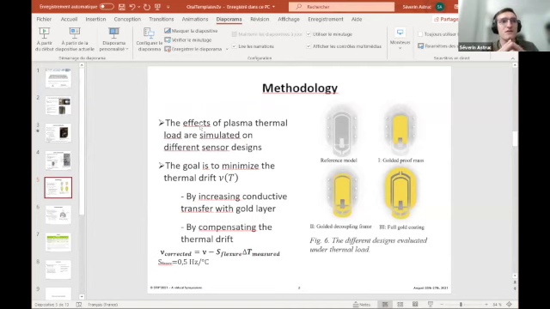By increasing the conductive transfer with a gold layer, because currently the reference model is only in quartz, which has very low conductive transfer, and using the knowledge of the temperature, we can compensate the thermal drift. We know the temperature sensitivity of the vibrating beam and the temperature, so we can correct the drift.